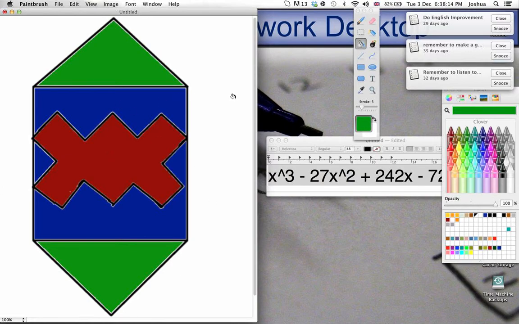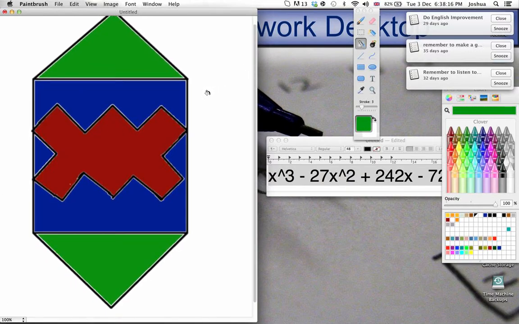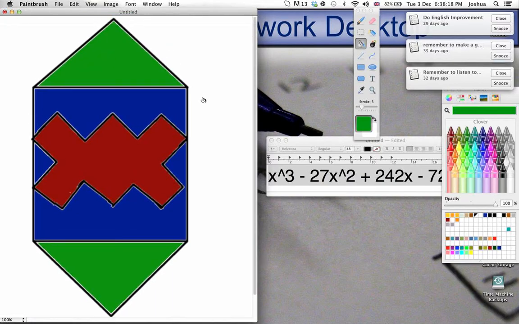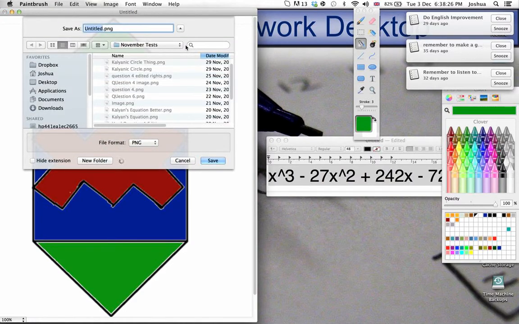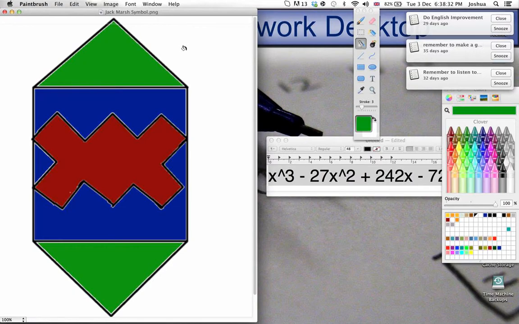Now let's do some angles for you. Now obviously, let one length be one side. Actually, now the shape is so good, I'm going to have to save it. File, save as Jack Marsh symbol. There we go. There's Jack Marsh's symbol.